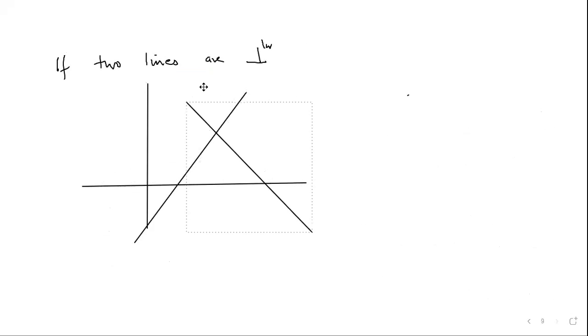Imagine they are perpendicular to each other. So this is 90 degrees. If this is theta 1, how much will be this? Can you tell me?